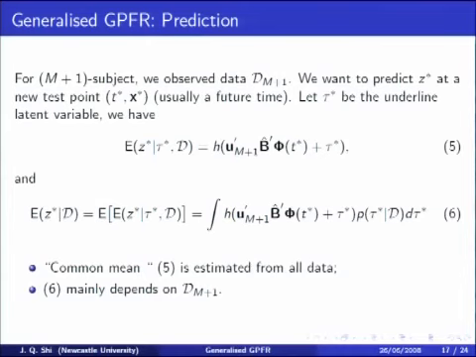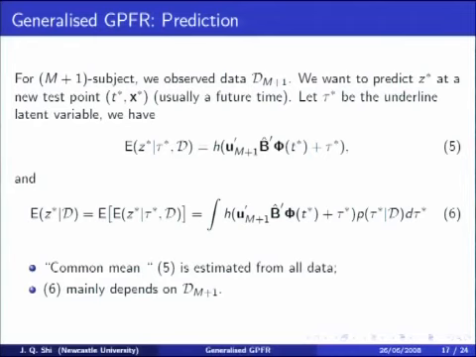So that's the prediction. Prediction also includes two parts. This part corresponds to what I said is a common mean. To estimate this part, we need to borrow information from other subjects. The other part corresponds to this tau star, which is mainly dependent on the data observed from this particular subject.